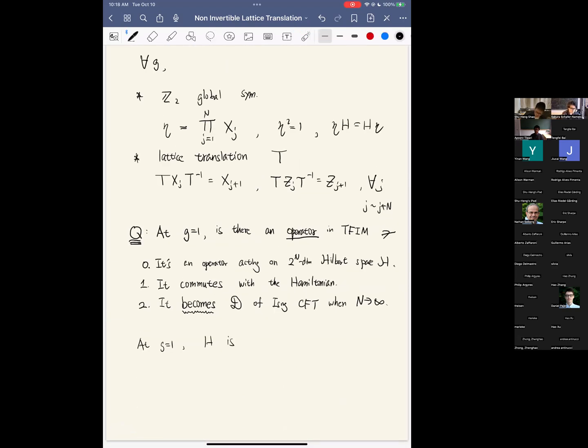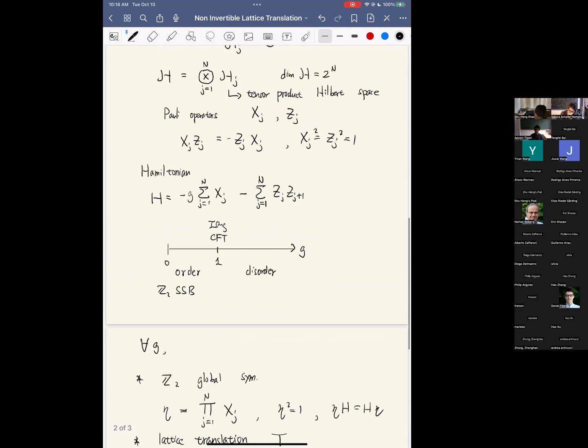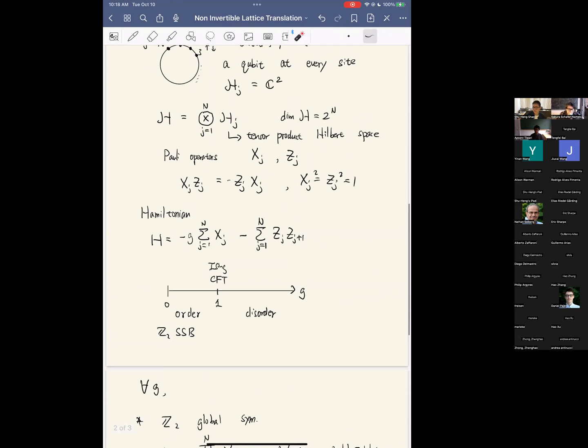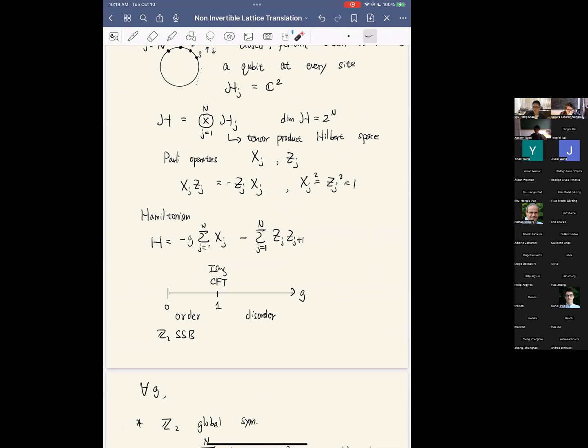After all, that's how we first learned symmetry in kindergarten. What is a symmetry? You look at the Lagrangian, you look at the Hamiltonian, and you figure out some transformation that leaves the Lagrangian or Hamiltonian invariant. That's before you learn anything about Noether current, conserved operator, topological defect. So if you just hand this Hamiltonian to someone at g equals 1, then obviously there's a symmetry exchanging these two.